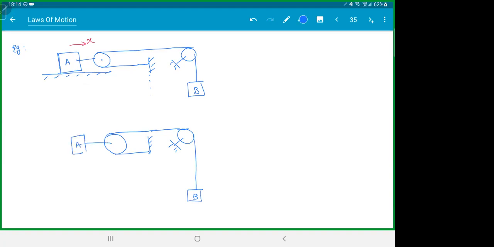See what happens. So this has gone X forward. So that means the pulley also, center to center, would have gone X forward. Now think about it. When it has gone X forward, what happened to this string here and this string here?